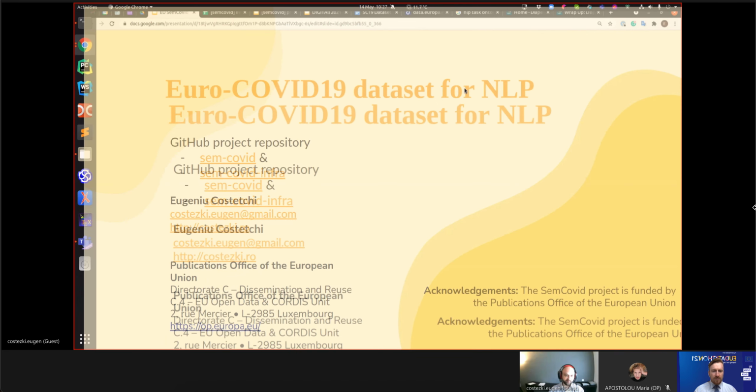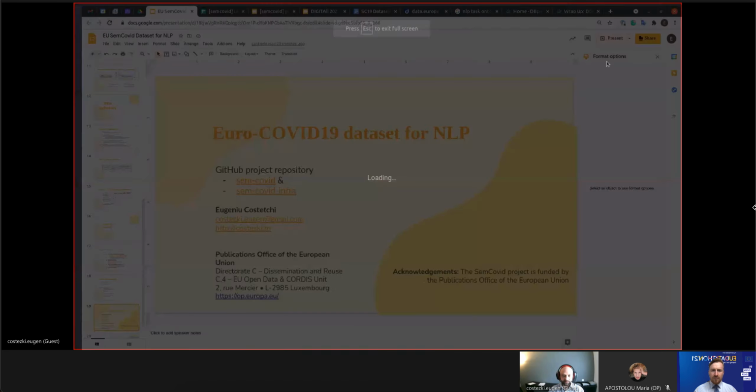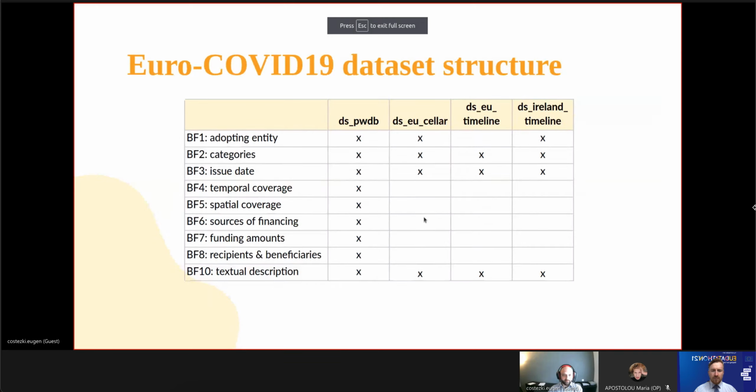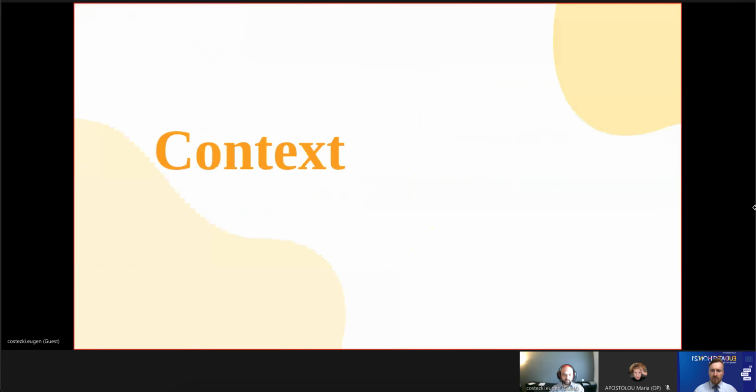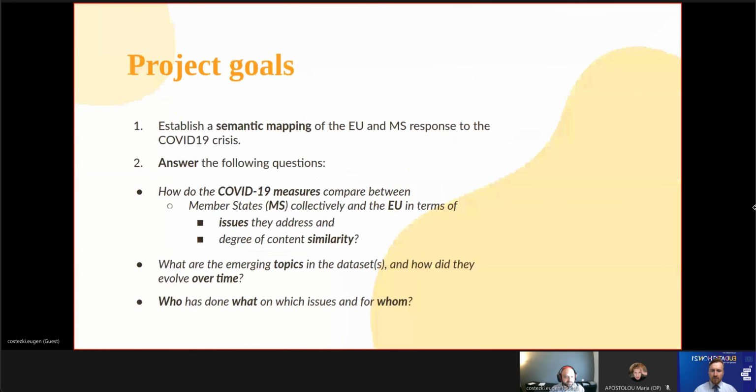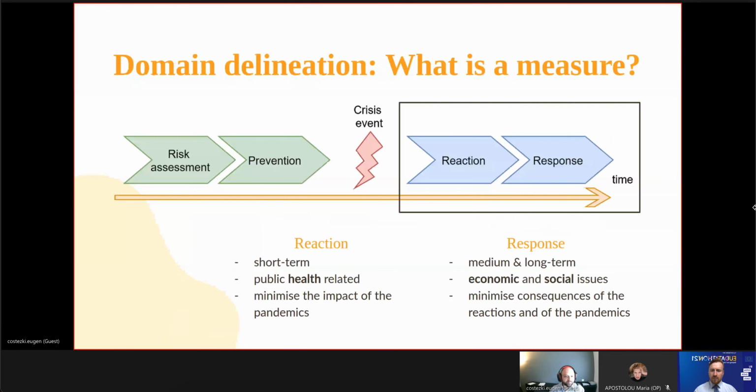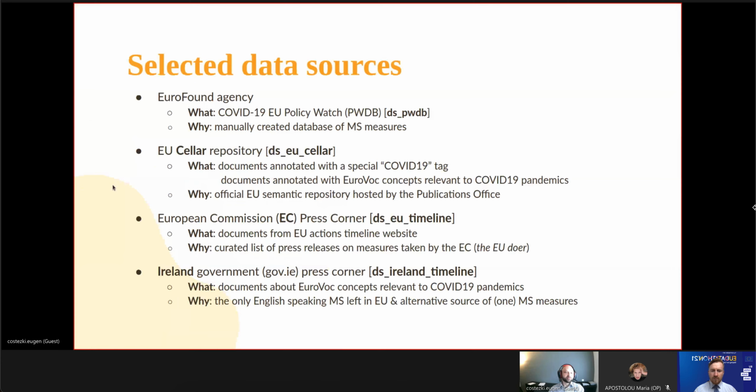We can take a look at the parts. Here. So the PVDB source, or let's say sub dataset, contains descriptions of COVID-19 measures of all member states.